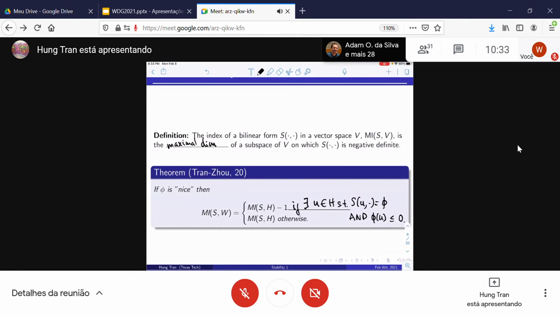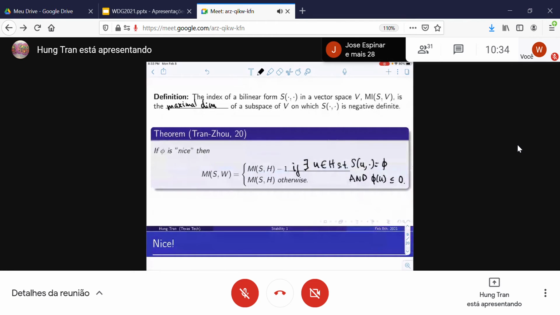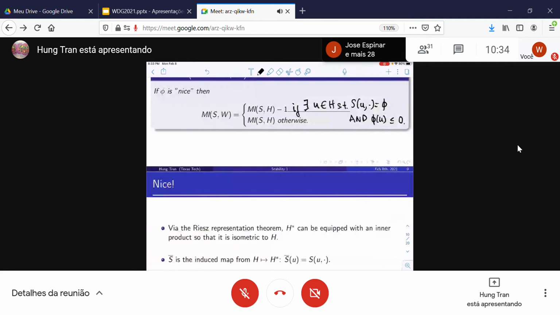And the appropriate framework to do it is to look at the Hilbert space, because in a Hilbert space, due to the Riesz representation theorem, you can construct a map from the Hilbert space to its continuous dual containing that phi, and in that way you can characterize the relation between the symmetric form S here and that linear functional phi, and then you work out the details later. So that's the idea of this theorem.